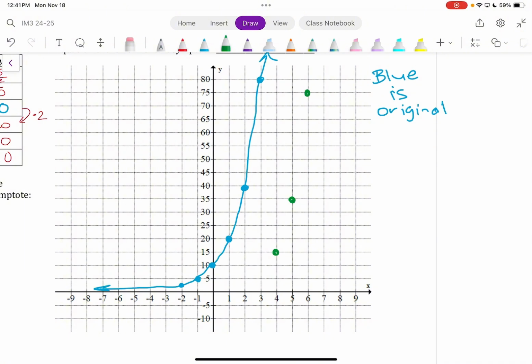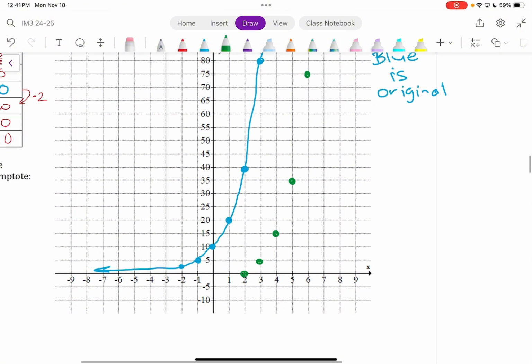The point 0 and 10, 3 units to the right and 5 down. The point -1 and 5, 3 units to the right, 1, 2, 3, and 5 down. And then the point -2 and 2.5, 3 units to the right, 1, 2, 3, and 5 down. Connect the points now.